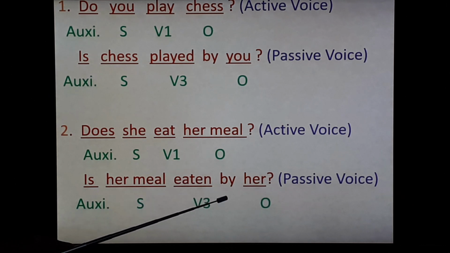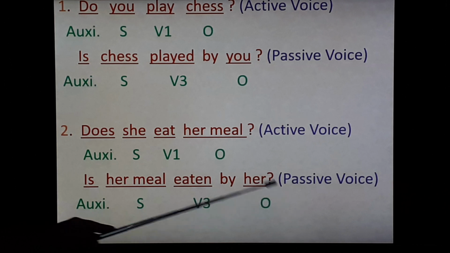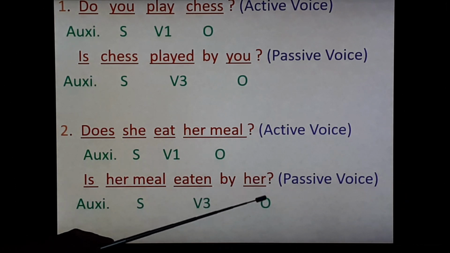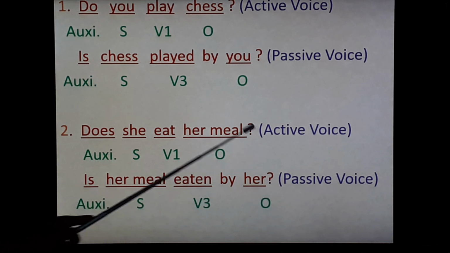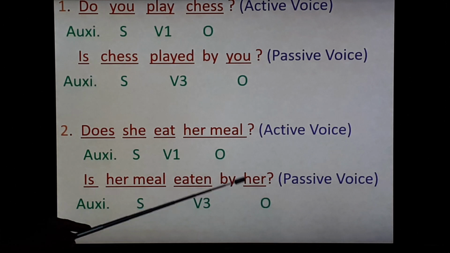Then add by, and then she, which is the subject in active voice, changes to her in passive voice. So she becomes her. So by her, her is an object. Then put a question mark. So, is her meal eaten by her? Question mark. So this is passive voice.